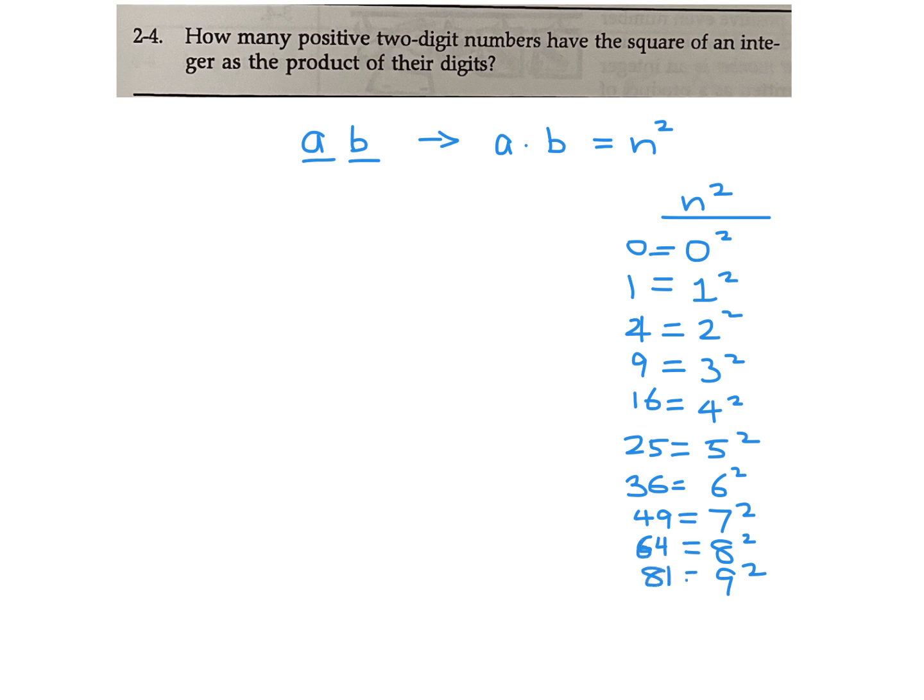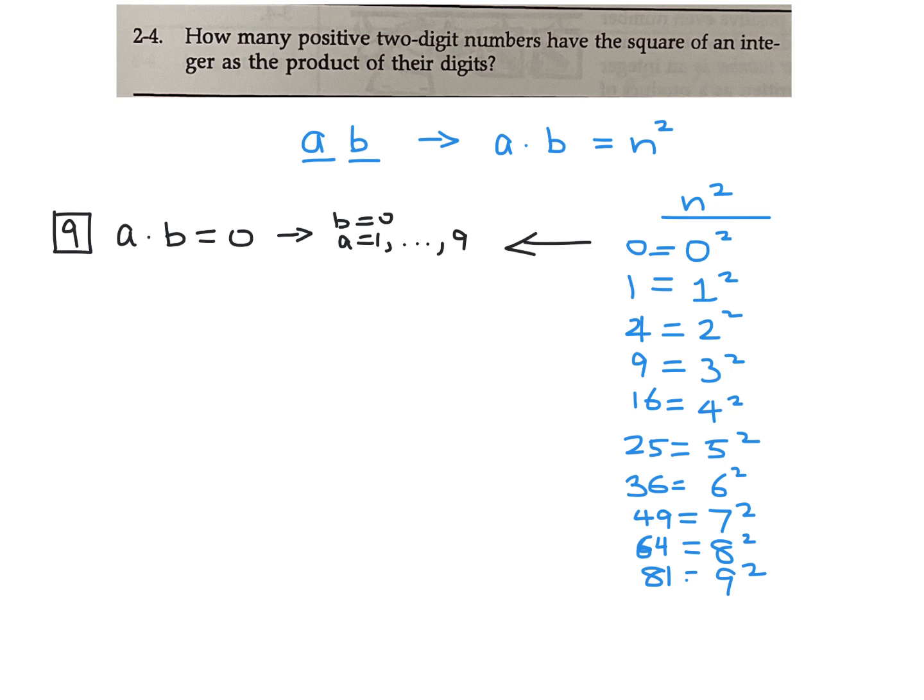Okay, so let's work with these one at a time and let's see what we get. So for the first one, if a times b is equal to 0, then what does that mean? Well, it means that b is equal to 0, and a can be anything from 1 till 9. So we have a total of 9 possible ways of doing that.